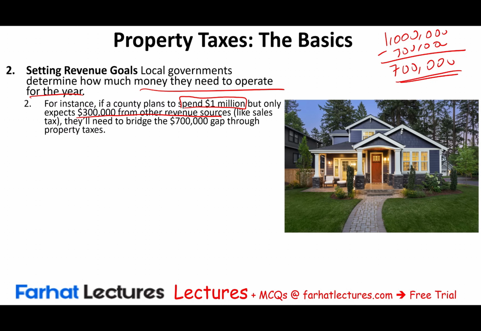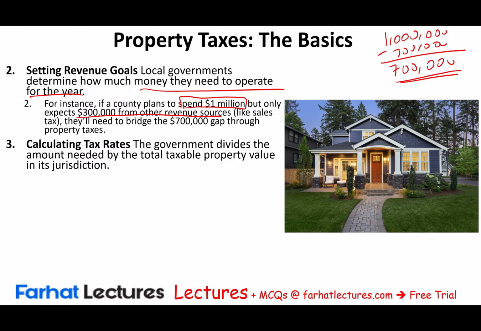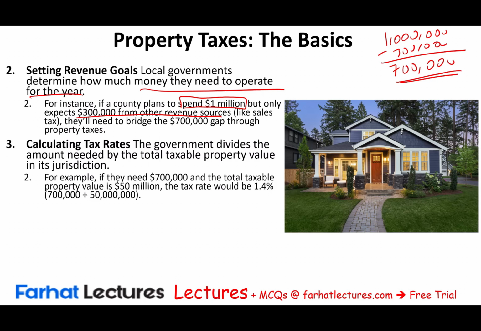There's a gap. Well, what they would do next, the government divides the amount needed by the total taxable property value in its jurisdiction. So they would look at their property and say, if we need 700,000 and we have 50 million worth of property in this district, in this county, they will take 700,000 divided by 50 million.